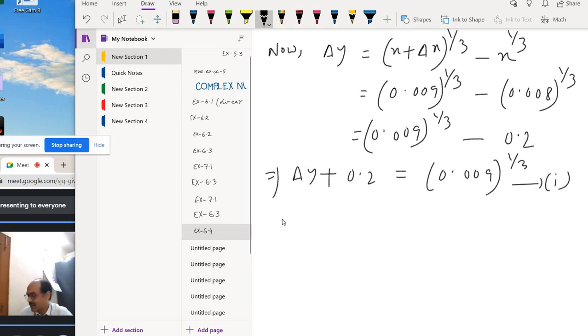After that, dy is equal to dy by dx into delta x.